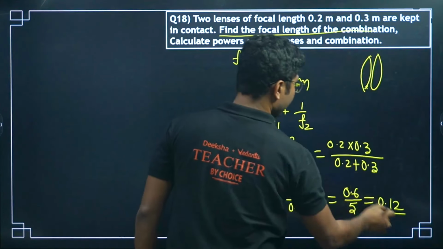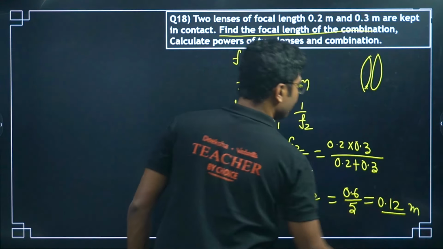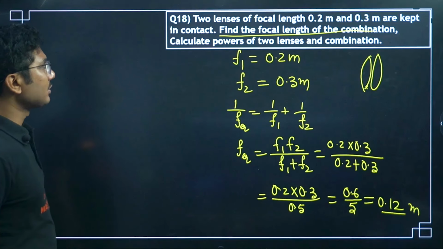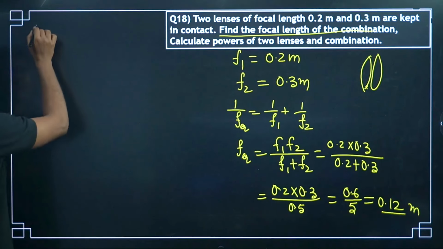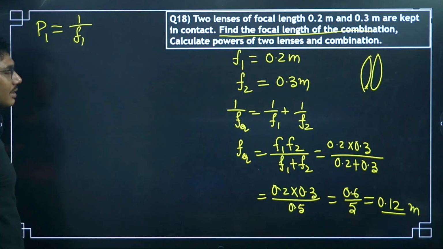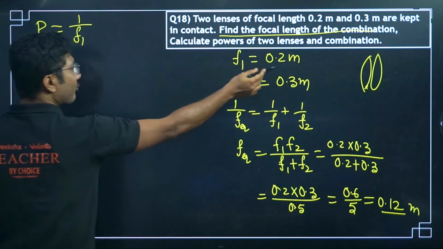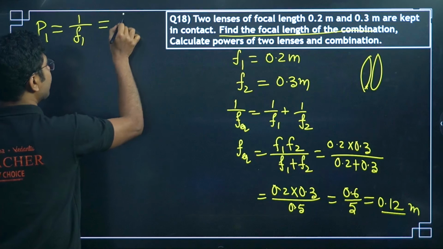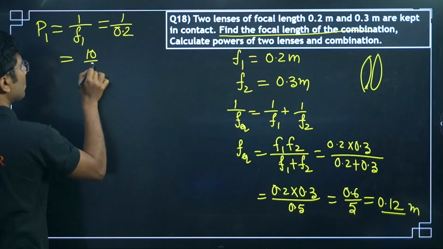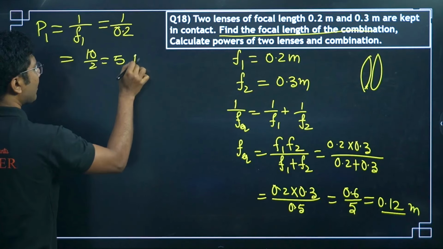So, this is the equivalent focal length. Find the focal length of the combination. This is the focal length of the combination. You have to put 0.12 meter. Calculate the powers of two lenses and combination. So, power is given by 1 by F1 when F1 is in meters. Here fortunately it is already in meters. So, it will be 1 by 0.2, that is 10 by 2, that is 5 diopter.